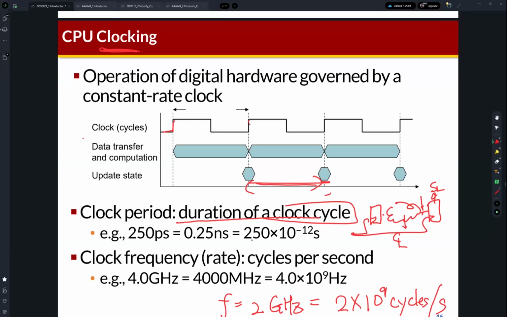In order to understand performance, you also need to understand the clock signal of the system, which means the clock signals on the CPU or processor. This is a very critical signal.